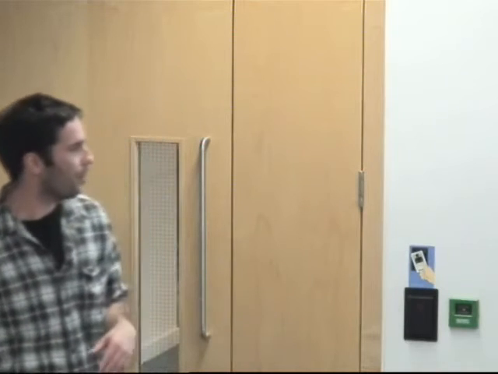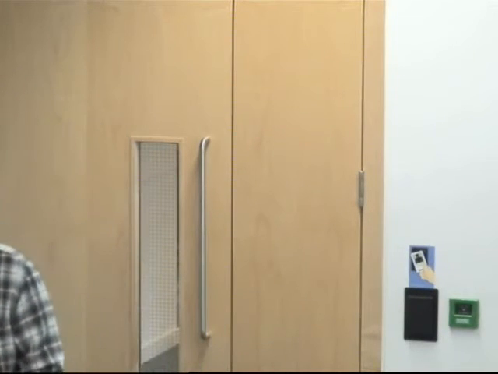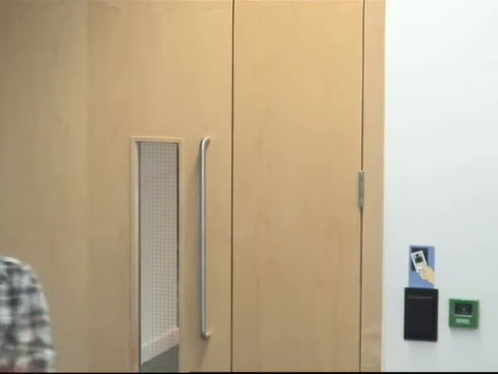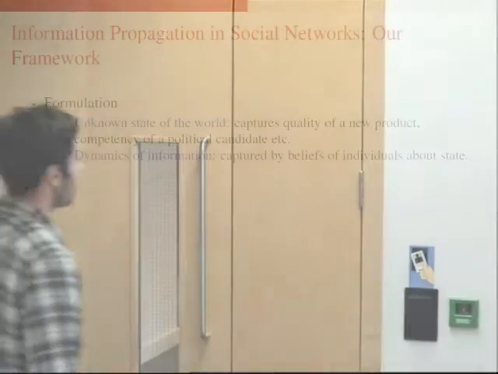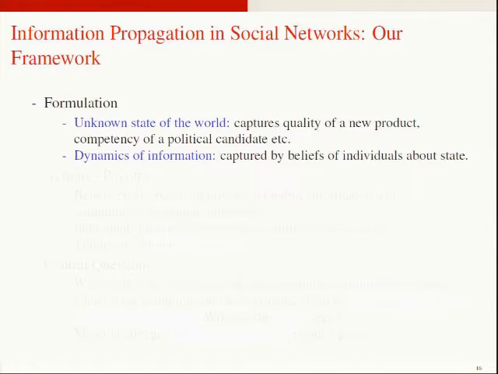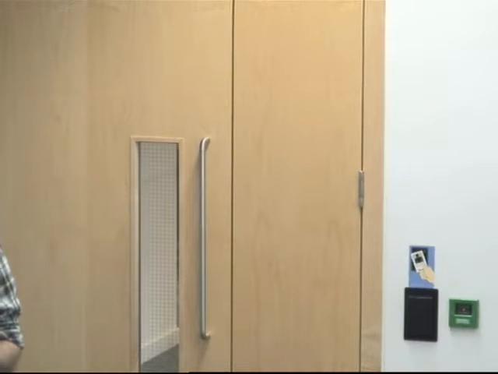Before doing so, though, we need a model that actually describes how information propagates in a network. And the second part of the talk is a way of doing that. So what is our formulation in this problem?